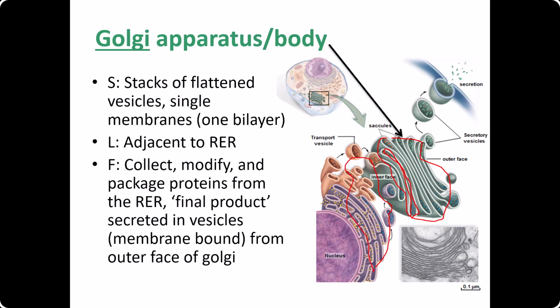And the Golgi apparatus is going to collect and modify and package proteins from the rough ER. So right, they're coming from the rough ER, they're going in these vesicles and then going to the Golgi apparatus right there. So as far as similes or metaphors go, people often talk about the Golgi apparatus as kind of the packaging depot or shipping depot.